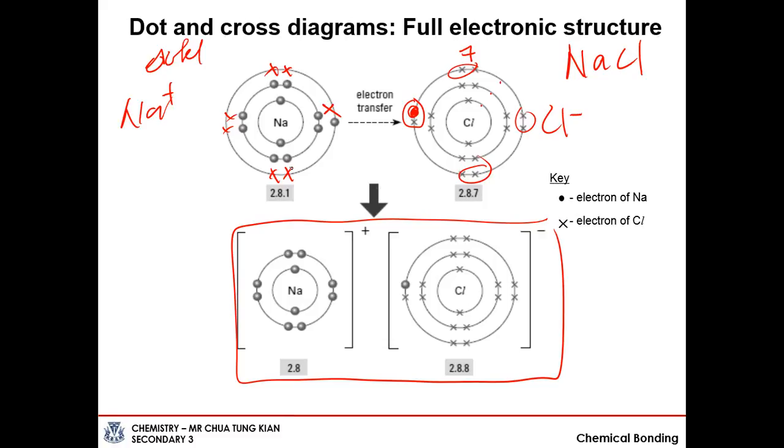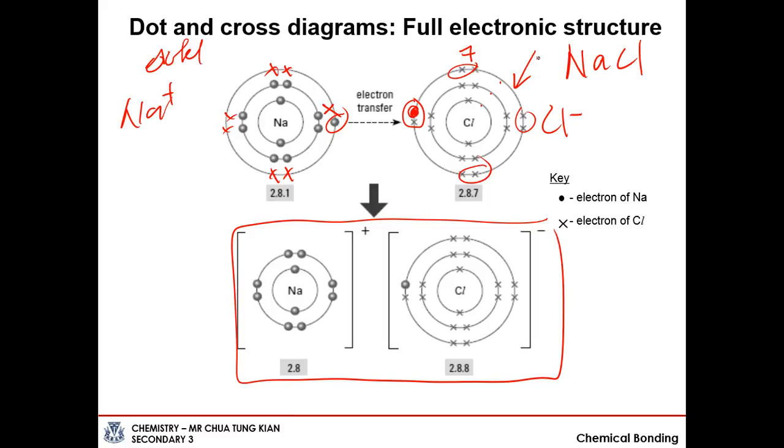But if you imagine this, is it easier for you to lose one thing than to get 7 items? Yes, it is, right? So it's easier for you to spend 10 cents than to earn 70 cents. Similar concept in nature, it's easier for sodium to lose just the 1 outermost electron than to gain 7 electrons. So this applies for chlorine.